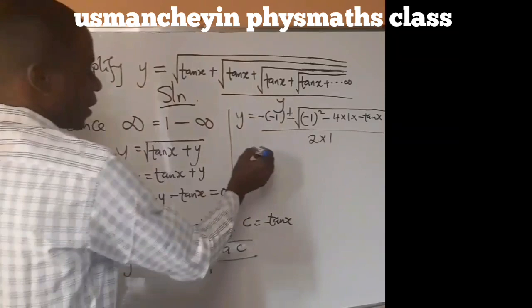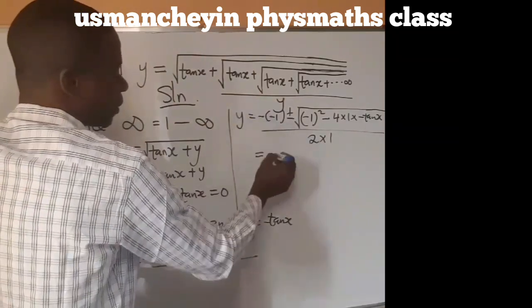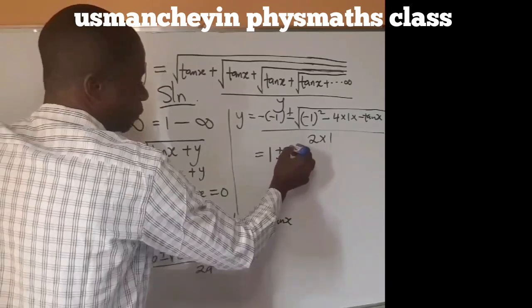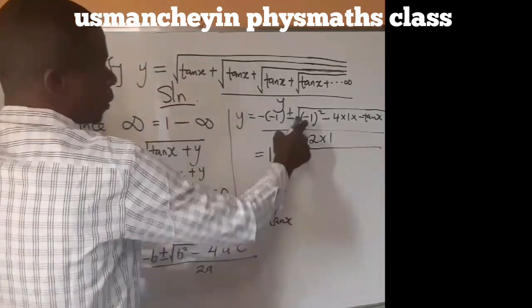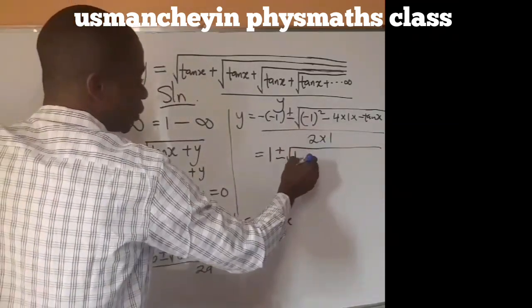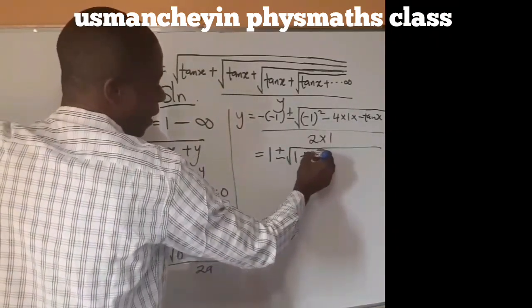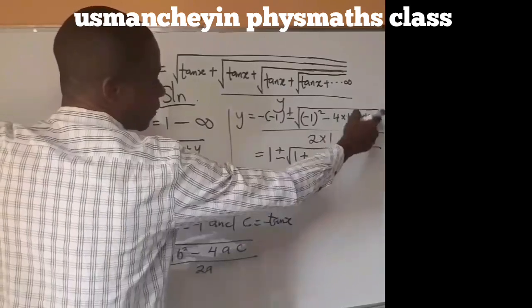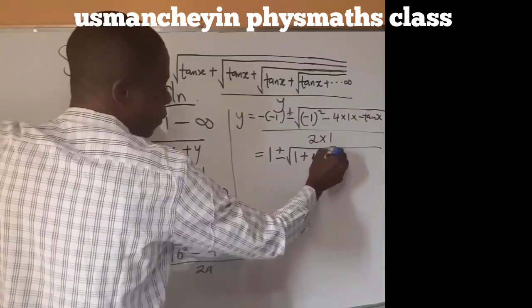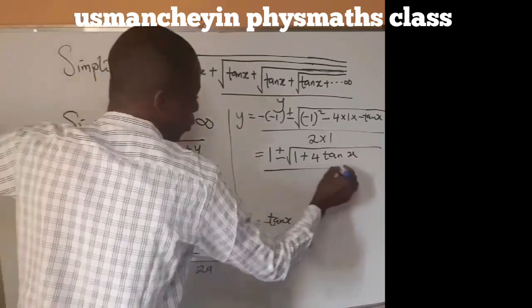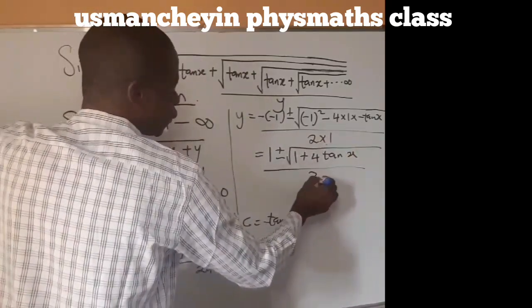All right, so from there, minus times minus will become plus, then we have plus or minus, then square root. You square negative 1, you have only 1, then negative times negative will become positive, so we have 4 times 1 is 4, times tan x will become 4 tan x, all over 2 times 1 is equal to 2.